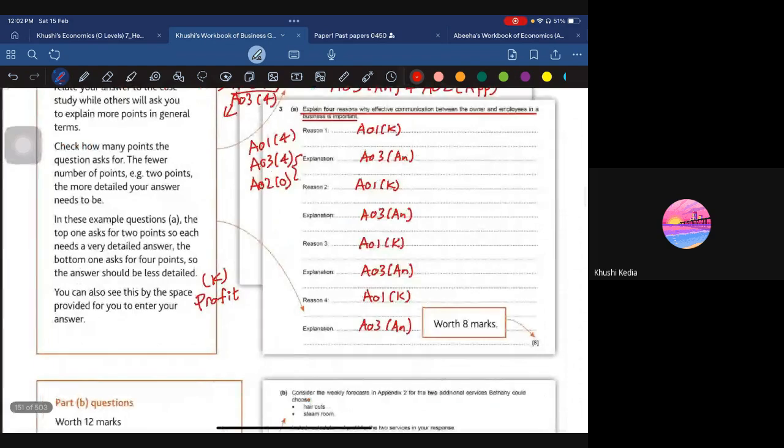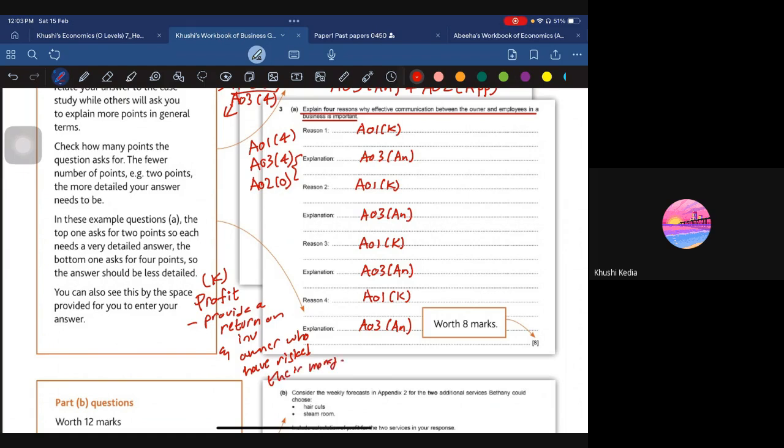Now, if you add in your analysis that profits are required to provide a return on the investment of the shareholders and owners who have risked their money, right?